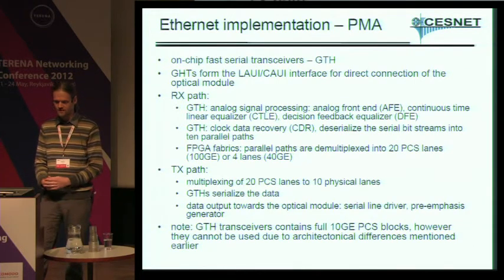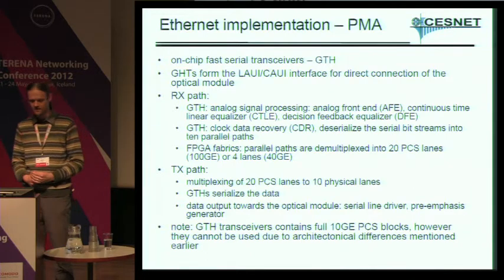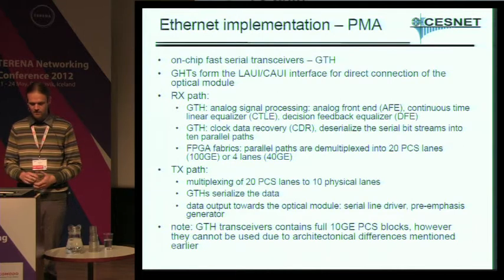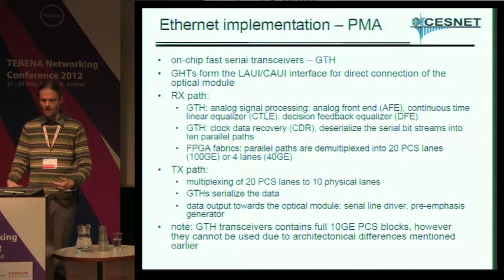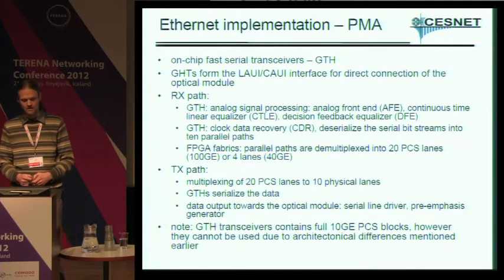In the receive path, the transceivers will do the analog signal processing, equalization of the signal, because receiving a 10G signal is not that easy, and after that, clock data recovery and deserialization into a parallel path, which can be processed by the FPGA fabric, by the logic of the FPGA, and the rest will be done in the fabric.